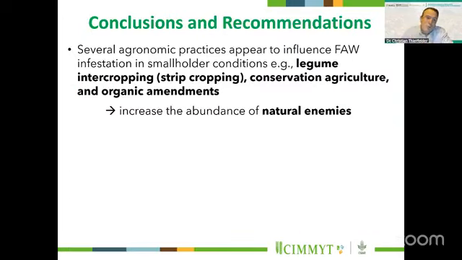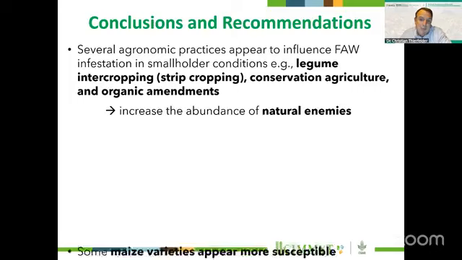So in conclusion, several agronomic practices appear to influence fall armyworm infestation in smallholder conditions. Legume intercropping or strip cropping has been very beneficial. Conservation agriculture has been super effective. And organic amendments as well, because they increase the abundance of natural enemies. Those natural enemies, like the ants that I was talking about, help naturally control the fall armyworm.